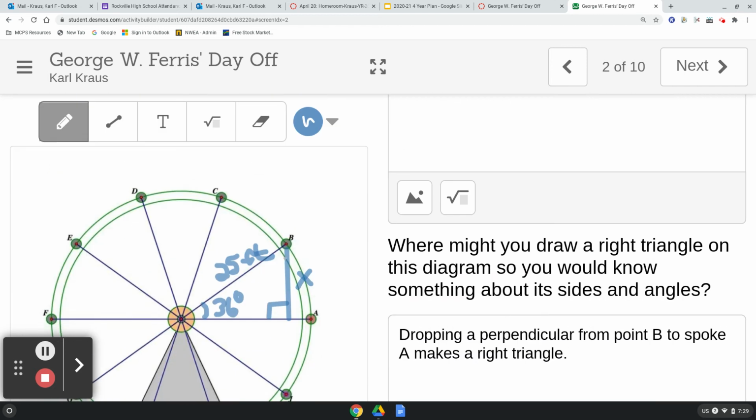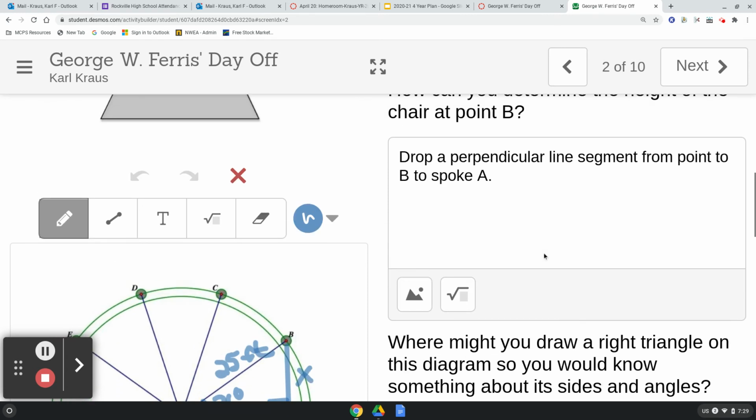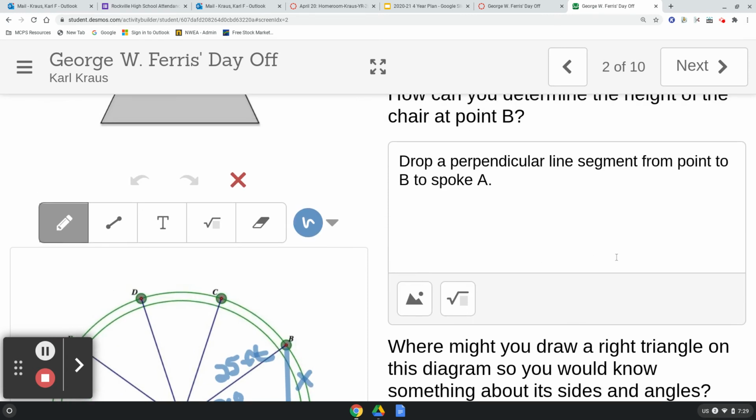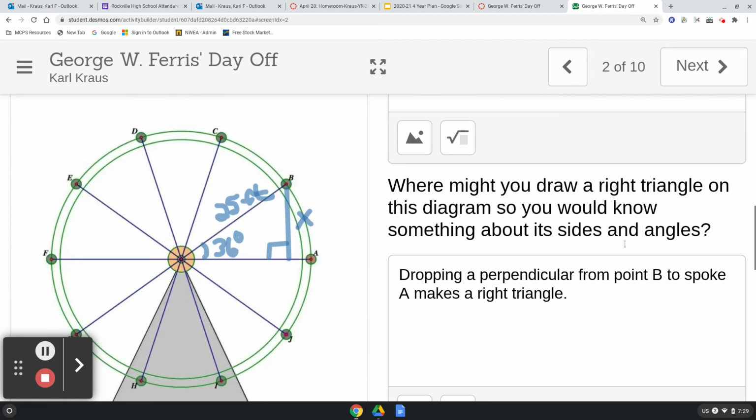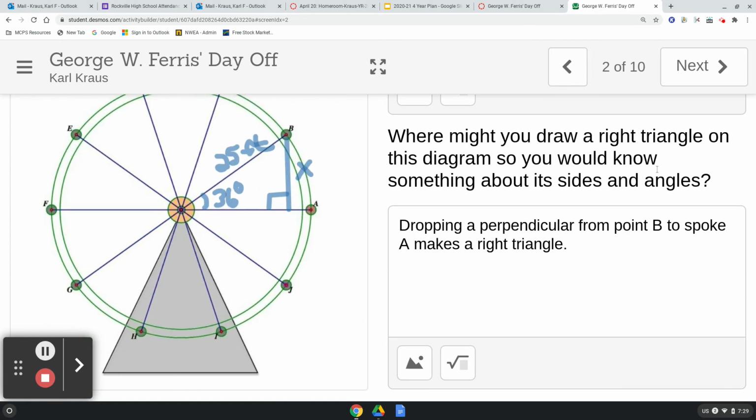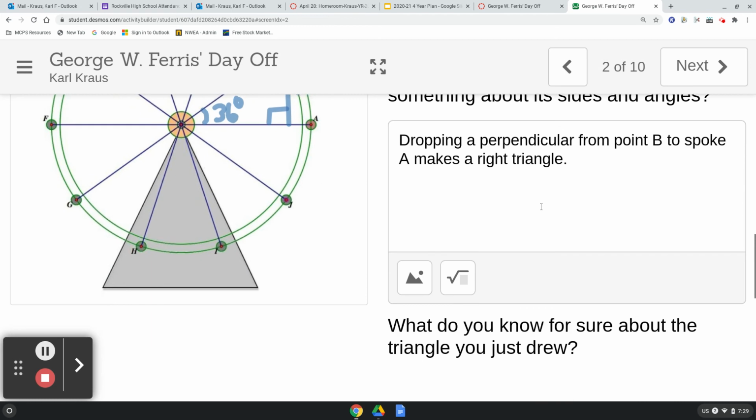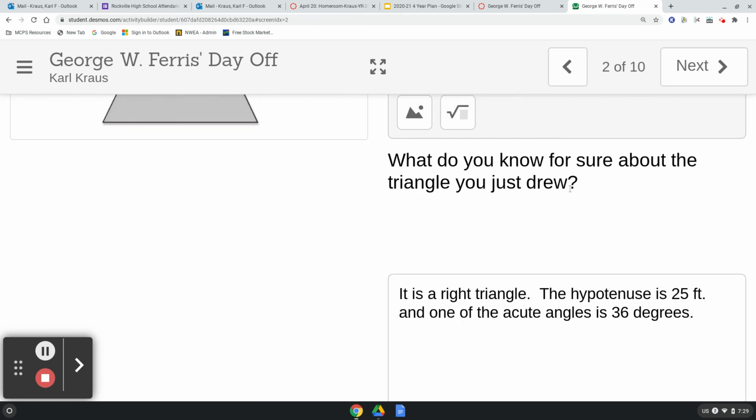So what you're going to do is drop a perpendicular from point B to spoke A to make a right triangle. Where might you draw a right triangle in this diagram so you know something about its sides and angles? So once again, we're dropping this perpendicular from point B to spoke A to make a right triangle. What do you know for sure about the triangle we just drew?